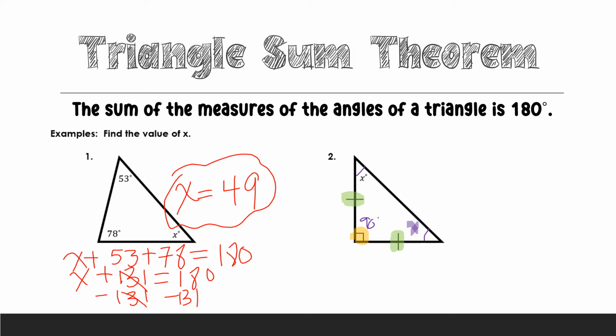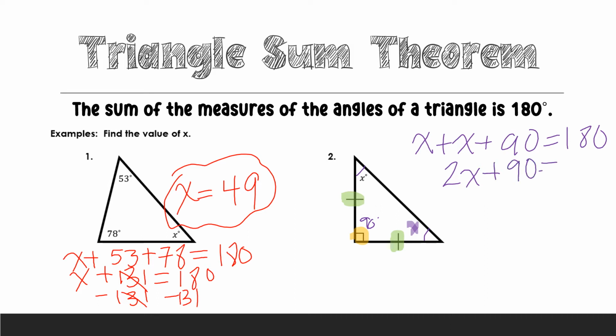To find what x is, I'm going to add all three angles, x, x, and 90, and set that equal to 180. I'm going to add x and x, which is 2x, and then subtract 90 to the other side. I'm doing this from an algebraic approach.